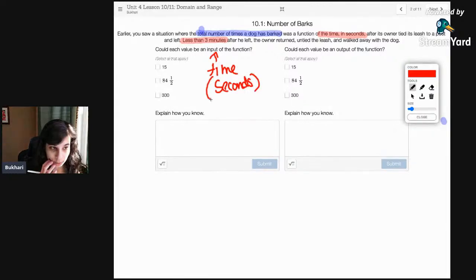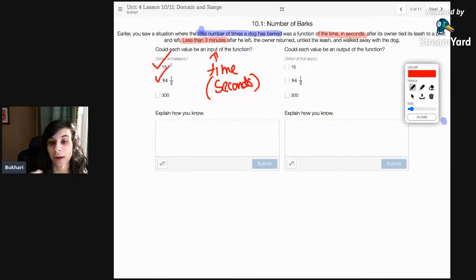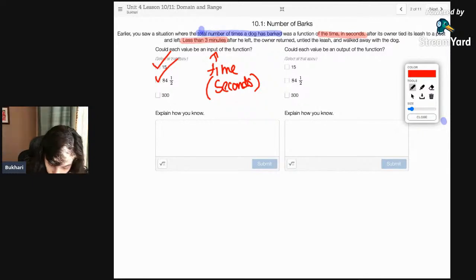I know that 15 can be an input because we can measure 15 seconds. There can be 84 and a half seconds, which makes sense because you can still have half a second. We don't usually measure in half seconds, but we still can. 300 could be a reasonable time because you can have 300 seconds.